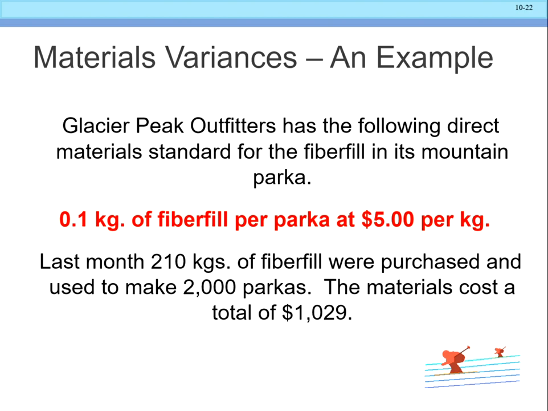According to the standard, we use 0.1 kg of fiber fill to produce 1 parka, and each kg of fiber fill we buy at $5 per kg. That's our plan. So our plan is what is in red.